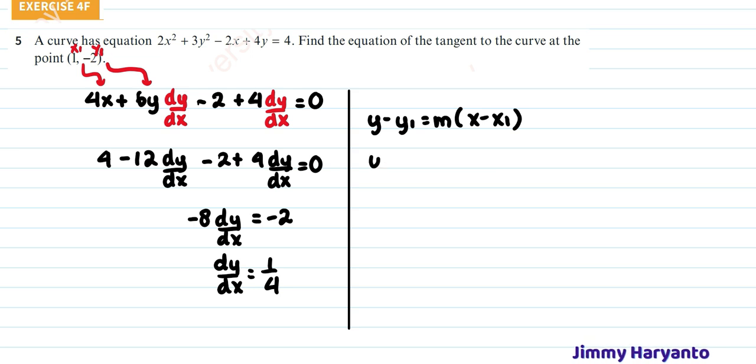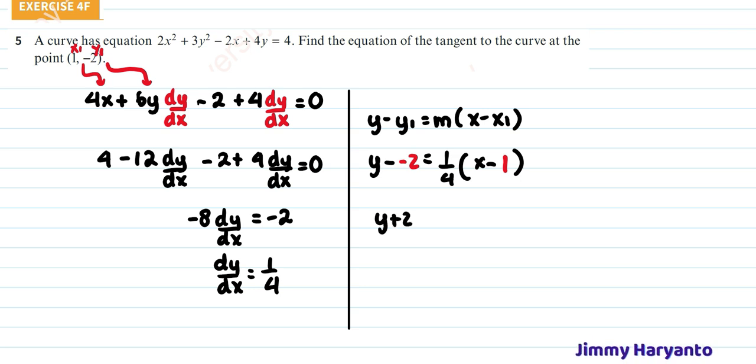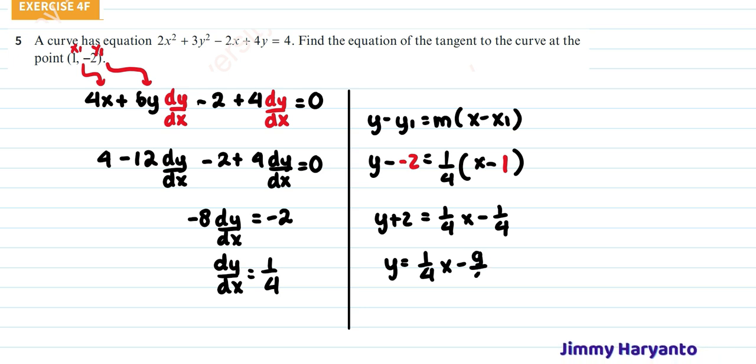So you just insert it. Negative 2 equals, the gradient is 1 over 4, x minus x1 equals 1. And that's it. You only have to simplify. y plus 2 equals 1 over 4 x minus 1 over 4. And then I'll move the 2 to the right hand side. Minus 1 over 4 minus 2 is negative 9 over 4. There you go. This is the tangent.